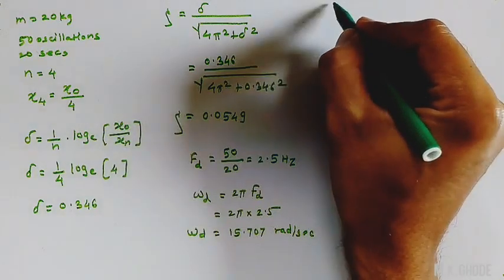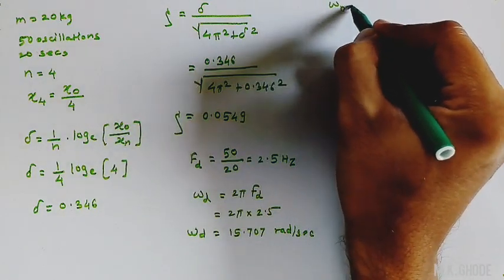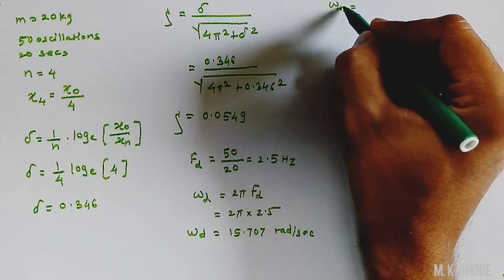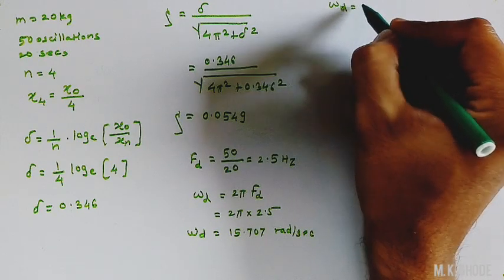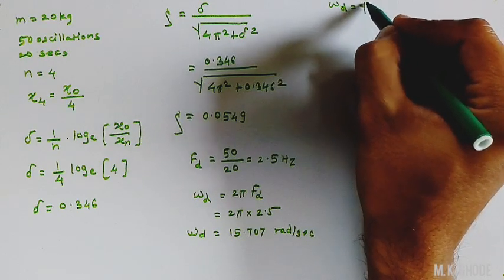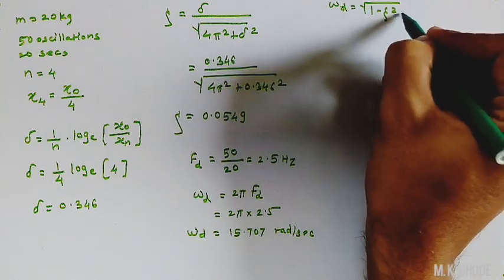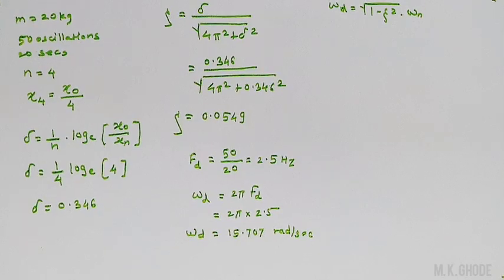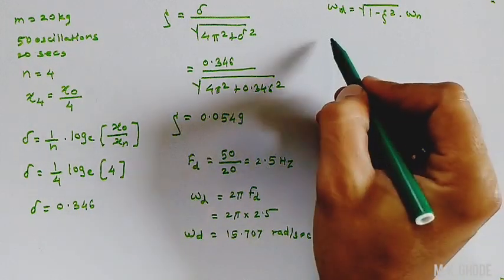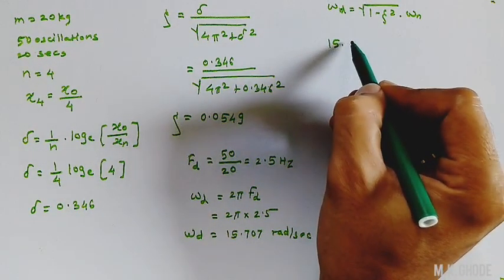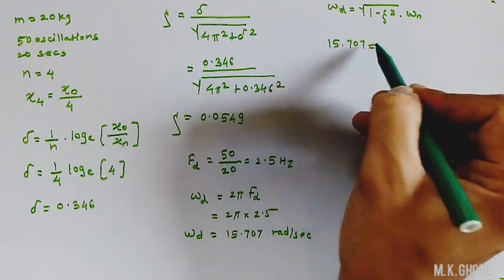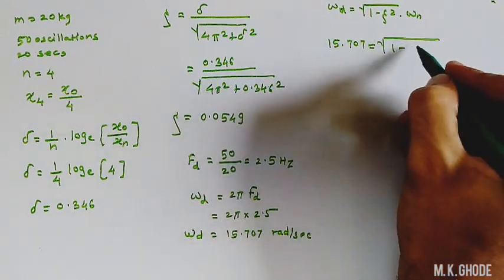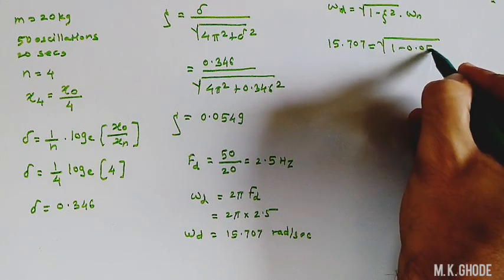The value of damped circular frequency omega d is given by the formula root of 1 minus zeta square into omega n. So 15.707 is equal to root of 1 minus 0.0549 square into omega n. Find the value of omega n.